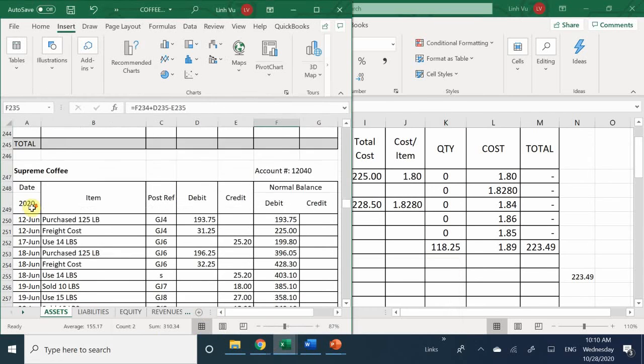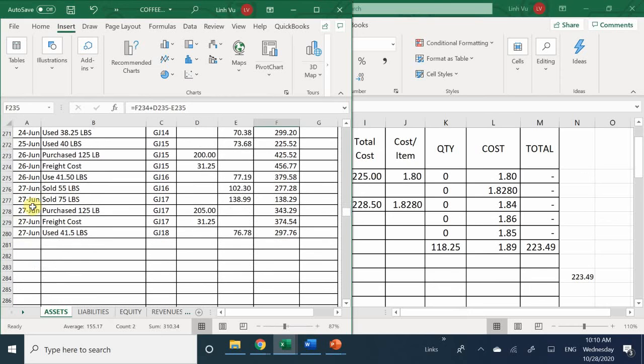All right. Now we got to update our Supreme coffee. Do the same as above, except we used 40 pounds. GJ 18. We are going to deduct, is that 65.86? No, not 65.86.